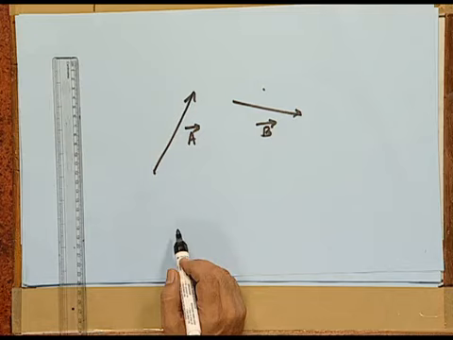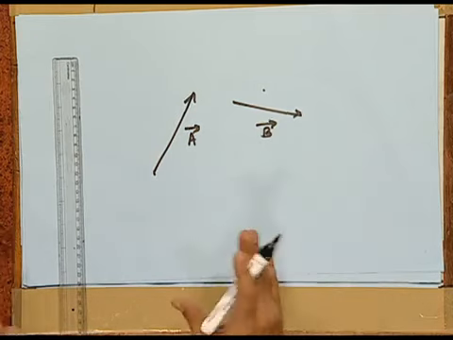Vector A is decomposed into two vectors, just like when you add two vectors, you have a resultant vector A plus B. Now, the resultant vector is the sum of two vectors. Here, the given vector itself will become the resultant.